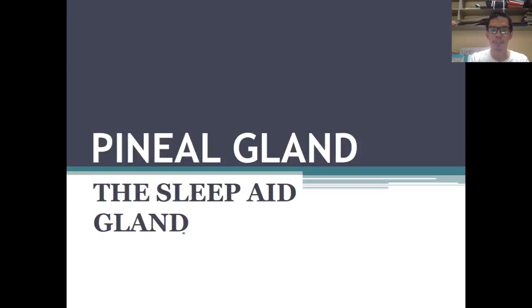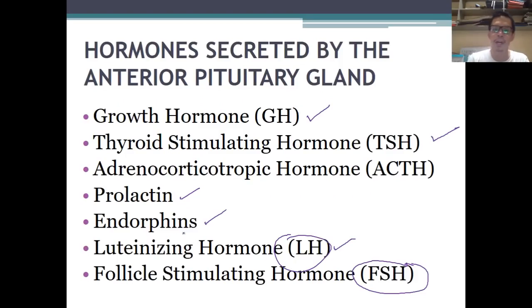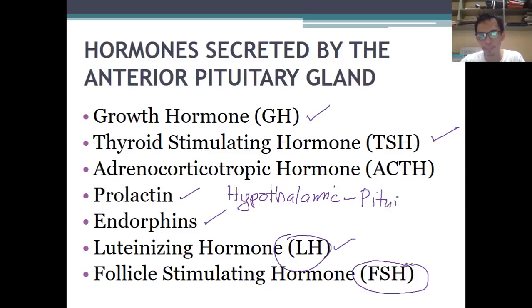Okay, so with that, let's go now to the organs that it controls. By the way, before I forget, please do remember this pattern. The pituitary gland will get its instruction from the hypothalamus. So we have the hypothalamic, pituitary, then after this, whatever endocrine organ is targeted will complete the pathway of instruction in the endocrine system.